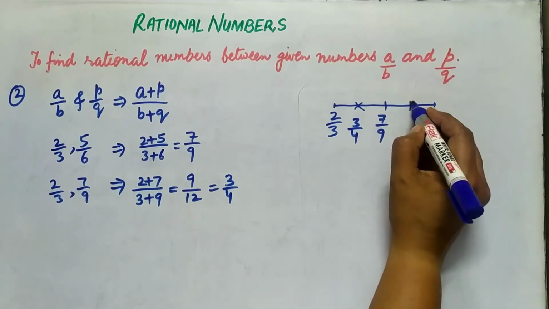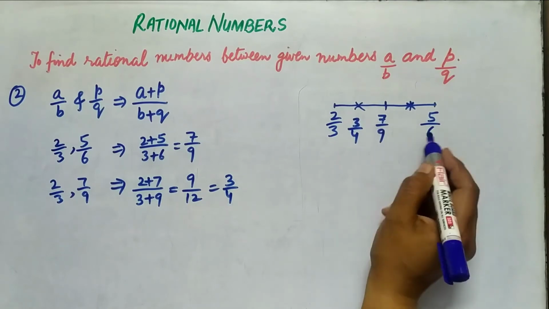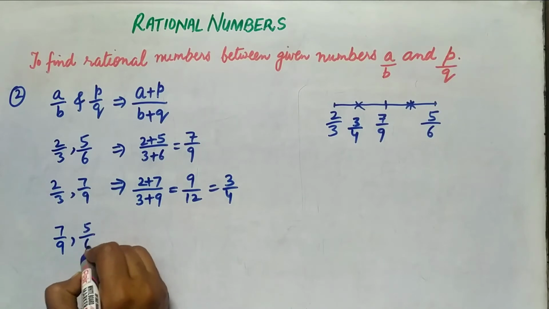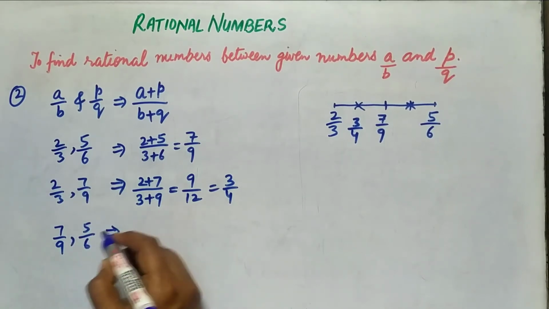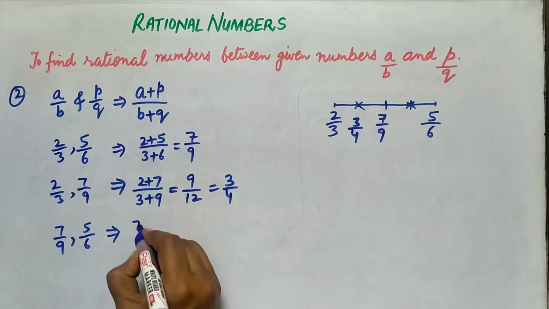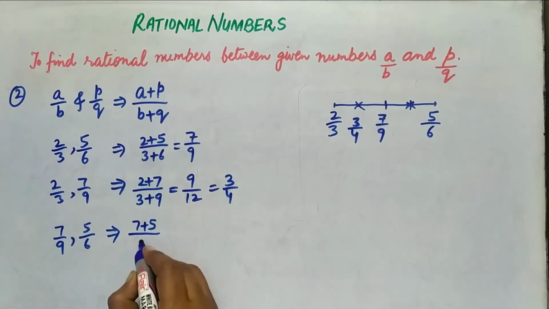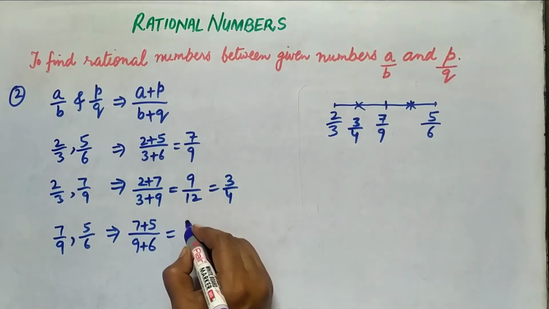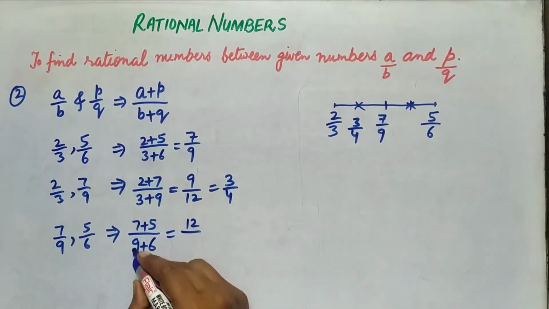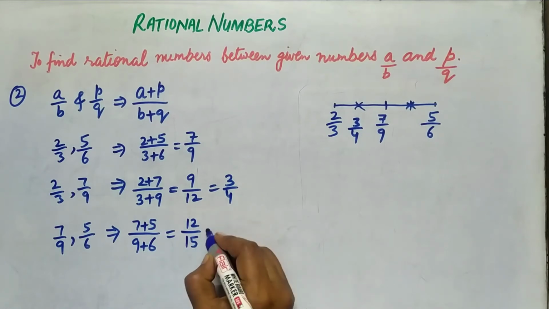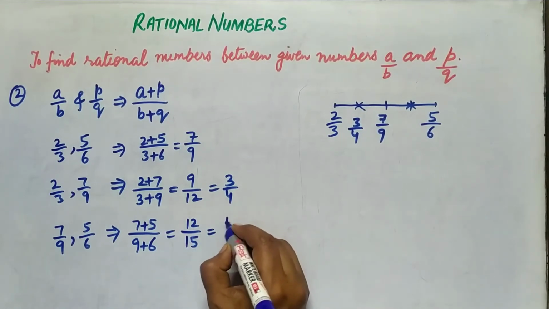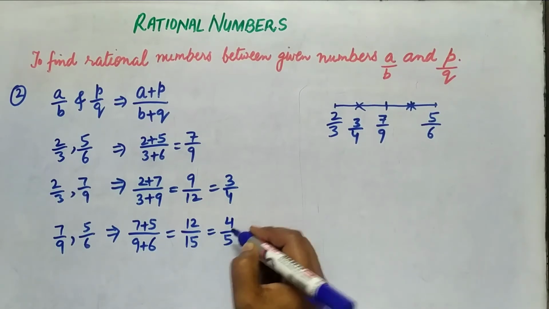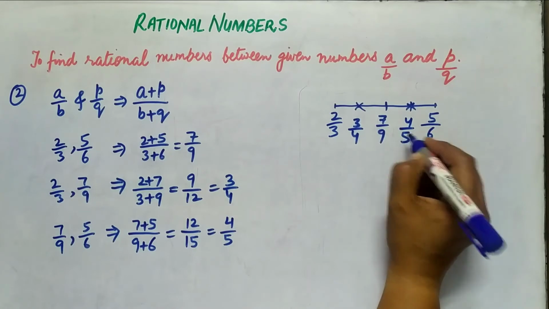Next, we find a number here. It lies between 7 by 9 and 5 by 6. The same method, sum of numerators 7, 5, sum of denominators 9, 6. It is 7 plus 5, 12, 9 plus 6, 15, and some calculations, 4 upon 5, cancelling by the table of 3. This number is 4 by 5.